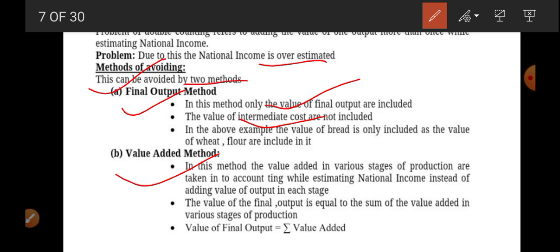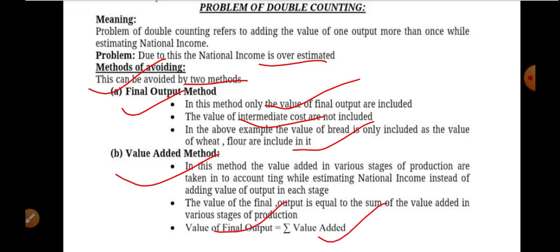In the above example, value of bread is only included as the value of wheat and flour are included in it. Now value added method. In this method, the value added in various stages of production is taken into account while estimating national income. Okay, the value of final output is equal to the sum of value added. So both give the same result.